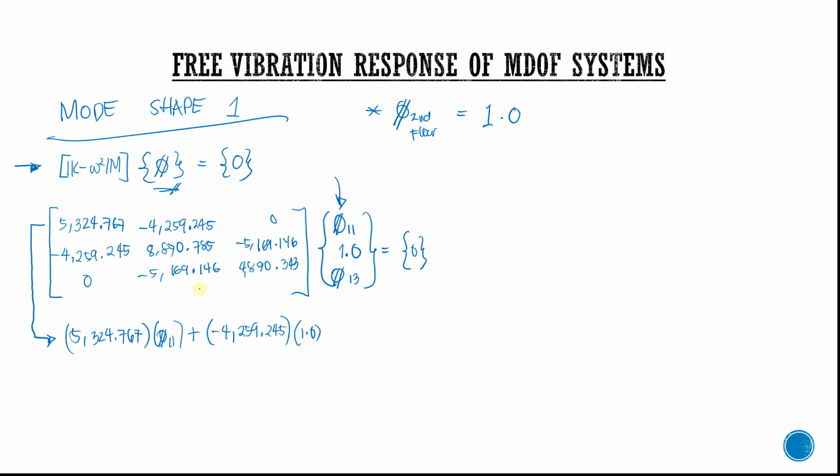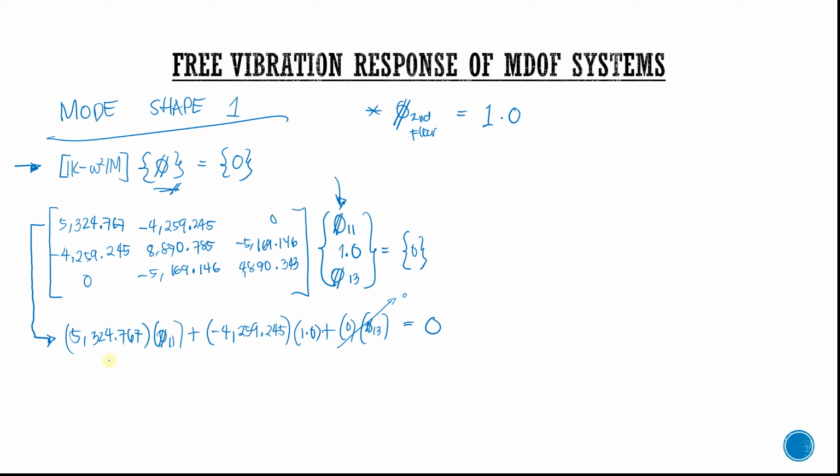So if you can notice that the operation here is row times the column of the mode shape factor, plus 0 times mode shape 1 for the third floor is equal to 0. And since this is already equal to 0, we are only left with one unknown, the phi 11 or the mode shape 1 for the first floor.